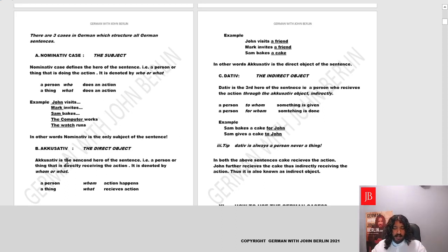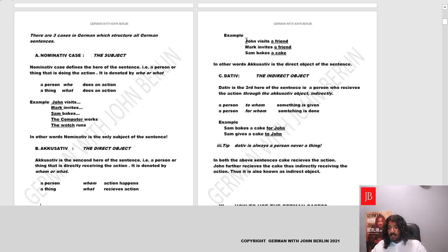It could also be said as the second hero of the sentence, that is a person or a thing that is directly receiving the action. Yes, it is denoted by the reference questions, whom or what. For example, you could also understand it like this: a person whom action happens, or a thing what receives action.